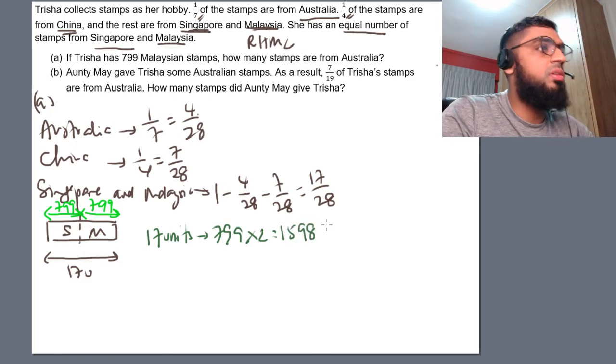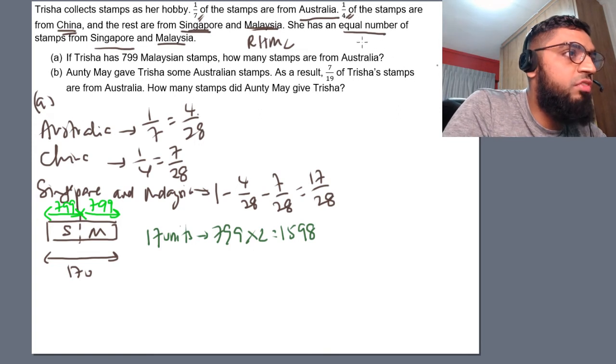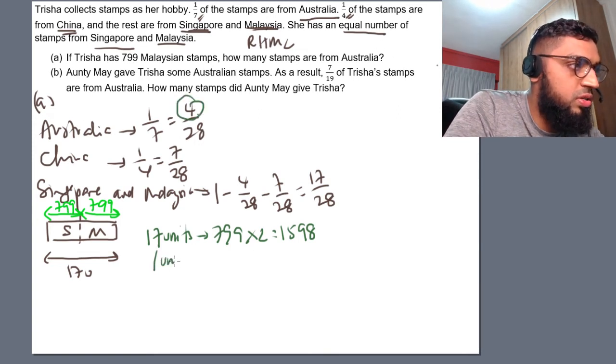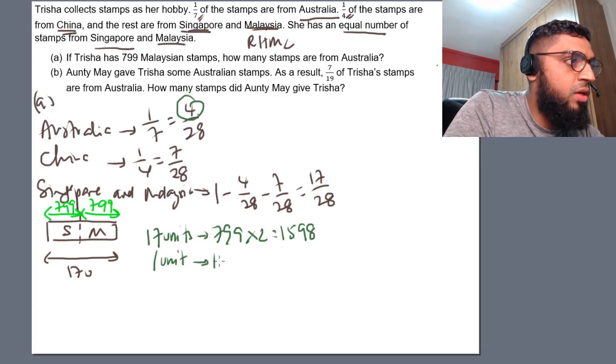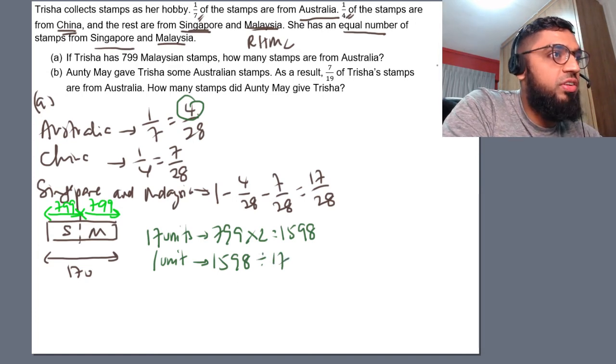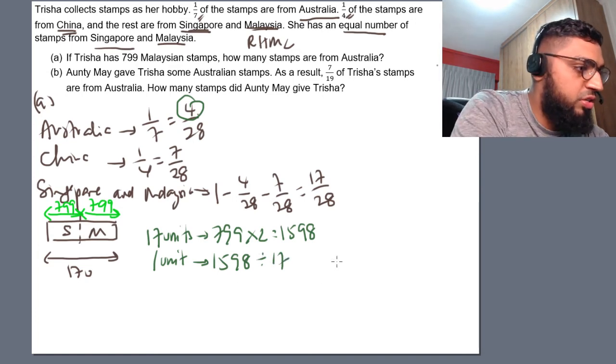I need to find how many stamps are from Australia. Australia is 4 units, so let's find 1 unit first. 1598 divided by 17 should give us a value of 94. Let's check that.